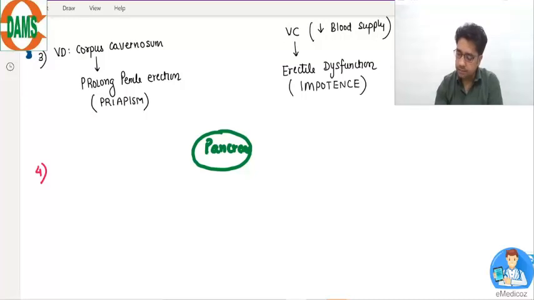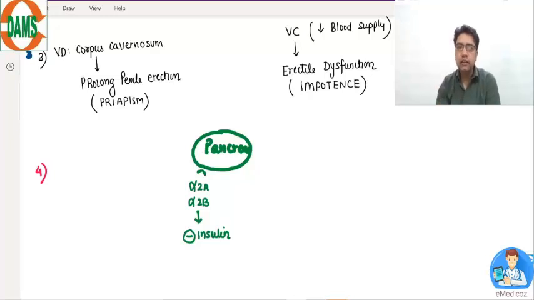Now remember, in pancreas, alpha 2A and alpha 2B both inhibit insulin release from pancreas, and beta 2 receptor promotes insulin release from pancreas normally.